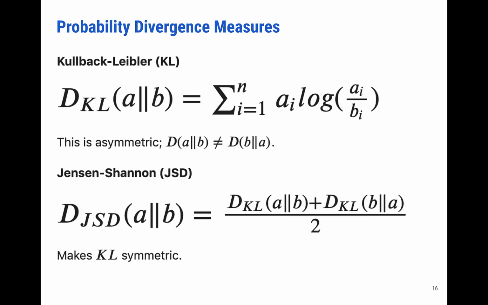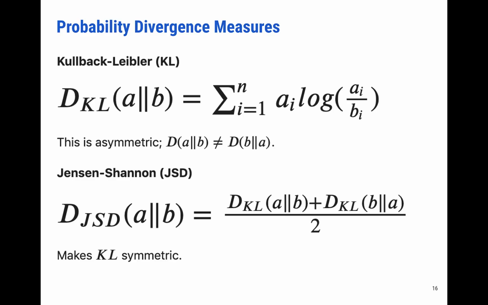The notation for representing divergence is a D with the A and B separated by a double bar. We often use a subscript, here KL and JSD, to distinguish between kinds of divergence measures. And by the way, we can do the same thing with the similarity and distance measures if we want. Oftentimes sim or D are subscripted as well to denote the particular kind of metric being used.